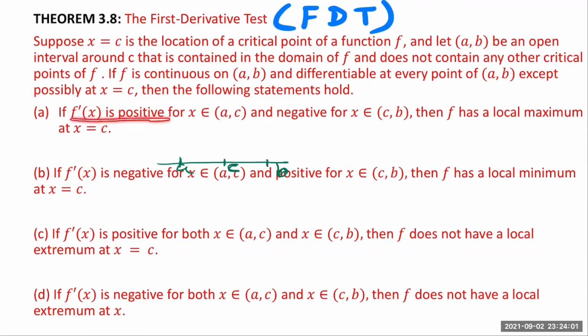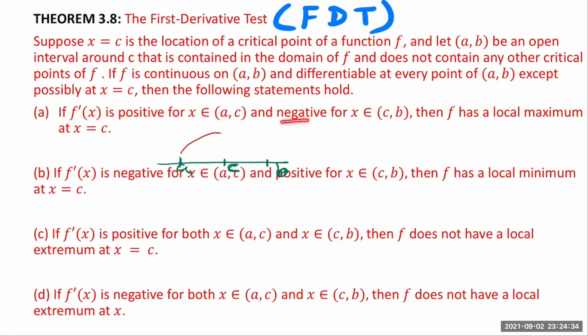F prime is positive for all x between A and C. If F prime is positive, shouldn't your graph look like this? If F prime is positive, the slope of the tangent has to be positive everywhere on this graph. That means your function should be increasing like this on the interval a comma c. That's what we mean by f prime of x is positive for x between a and c.